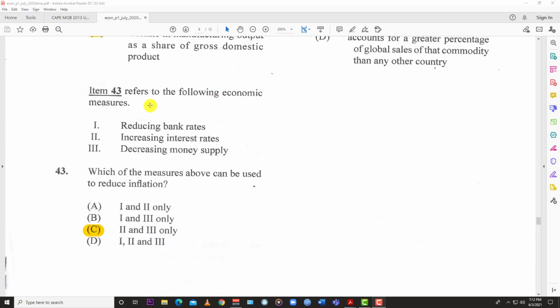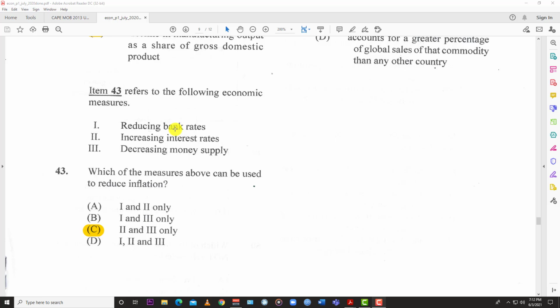43 refers to the following economic measures: 1, reducing the bank rate, 2, increasing interest rate, 3, decreasing money supply. So which of the measures above can be used to reduce inflation? And so the answer is C, number 2 and number 3. Because if you reduce the bank rate, which is 1, that means that the bank can now create more money.